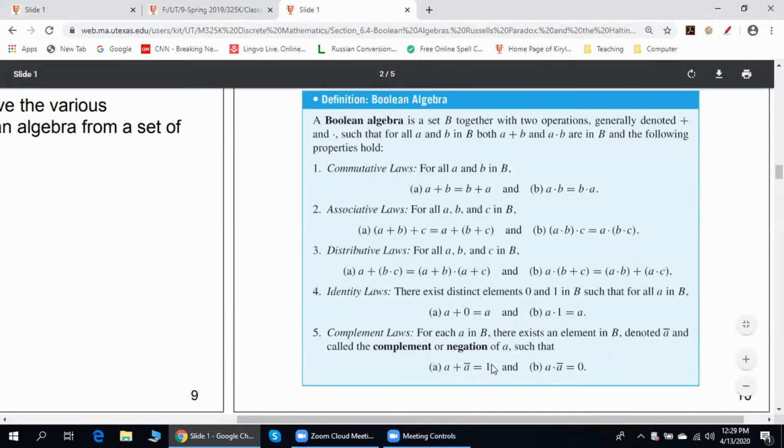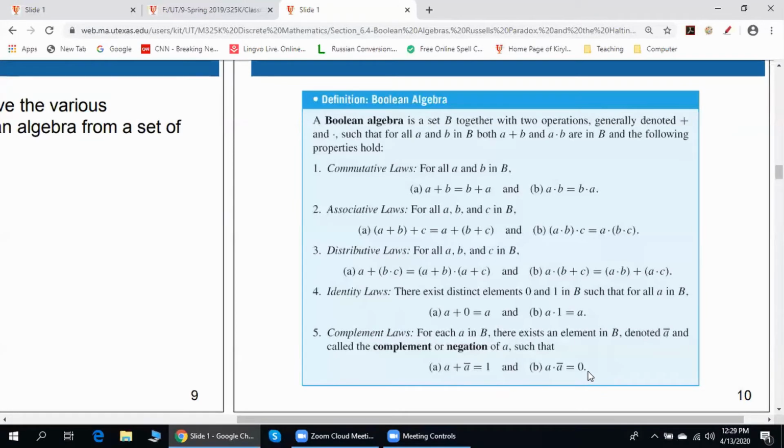How about this? In sets, 4 sets. Can you translate this into the language of sets? And A bar is the complement or negation. I was looking for the definition of A bar. So that would mean in set notation, the union of A and A complement is the universal set, right?